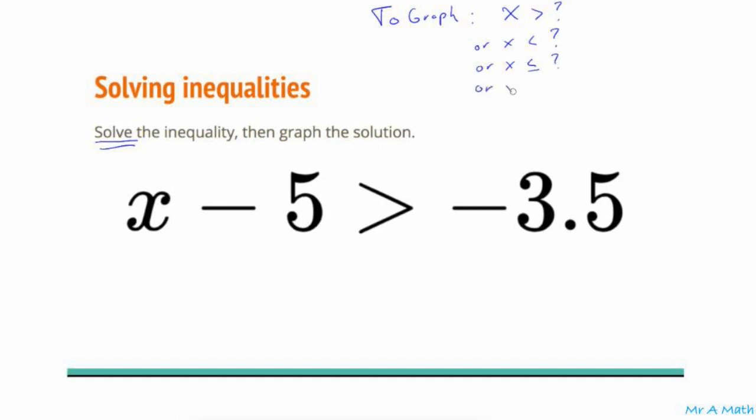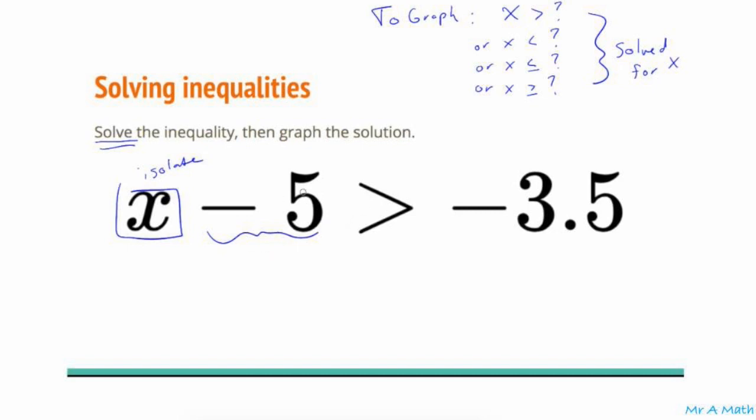All of these things have in common that x is solved for. Here, x is not solved for. And what I need to eliminate is this x minus 5. I'm trying to isolate this x. Okay? So let's isolate it.